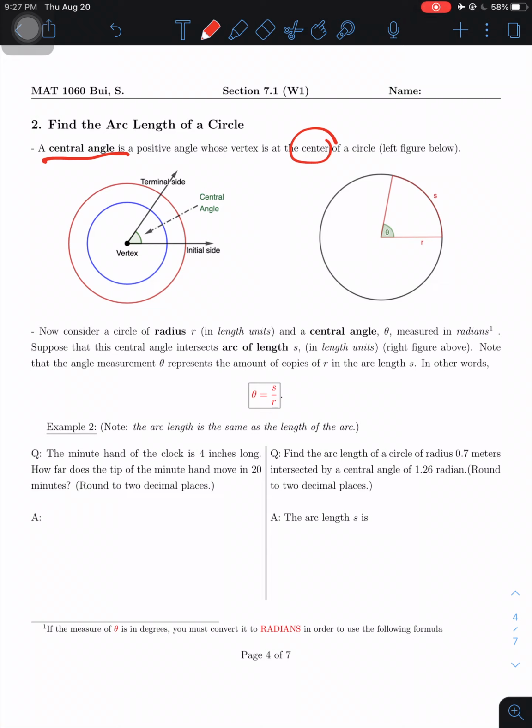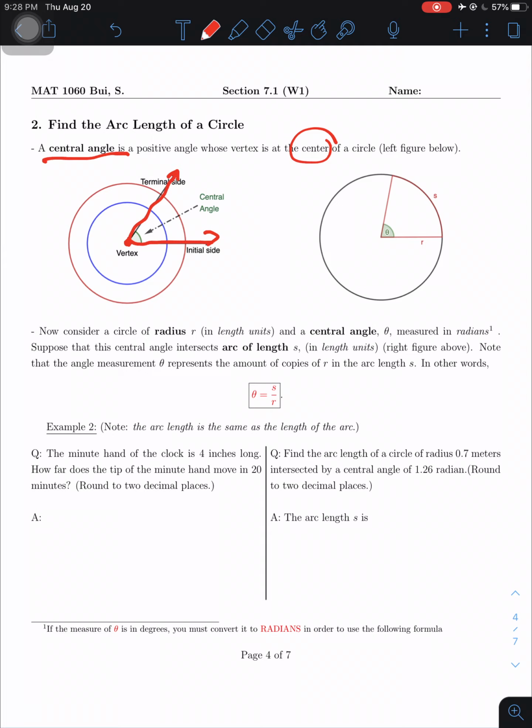So just imagine we start with a circle here. Let's talk about the blue circle. It has a center right here, and let's make it the vertex for the angle. From there, we draw our first ray. We call it the initial ray because it's the first ray. Then we draw another random ray. We call it the terminal side because it's the second ray.